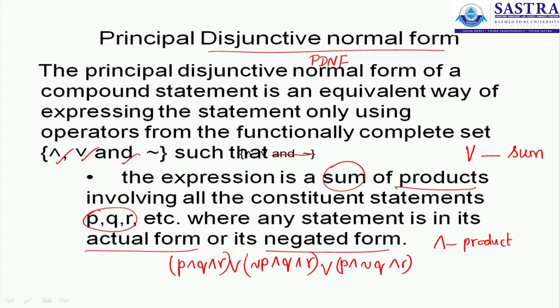So when I say that the required form is a sum of products form, I want every term to be a conjunction and I want a disjunction between them. That is what you refer to as the PDNF, or the principal normal form. You call it disjunctive because you are adding up products. You're calling them principal because every term should have a product of certain terms where the statements are included as themselves or as their complements.